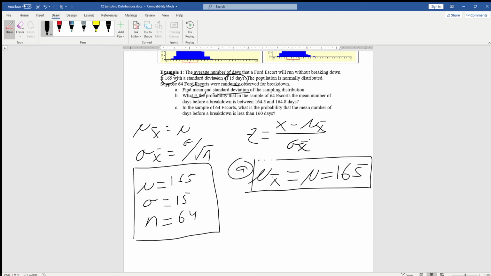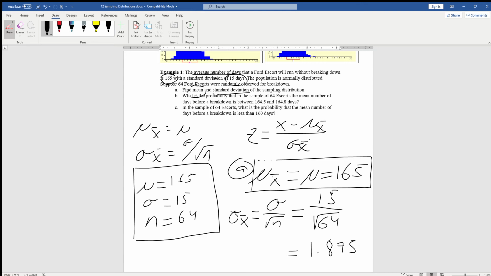Now sigma sub x bar, which is equal to sigma over the square root of n, is going to be equal to 15 over the square root of 64.